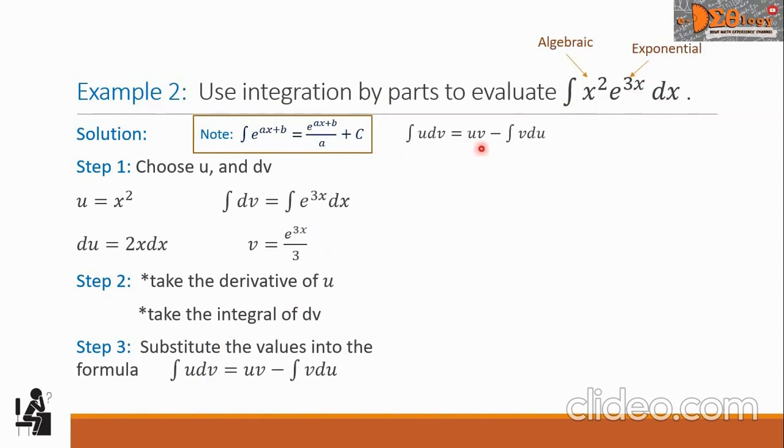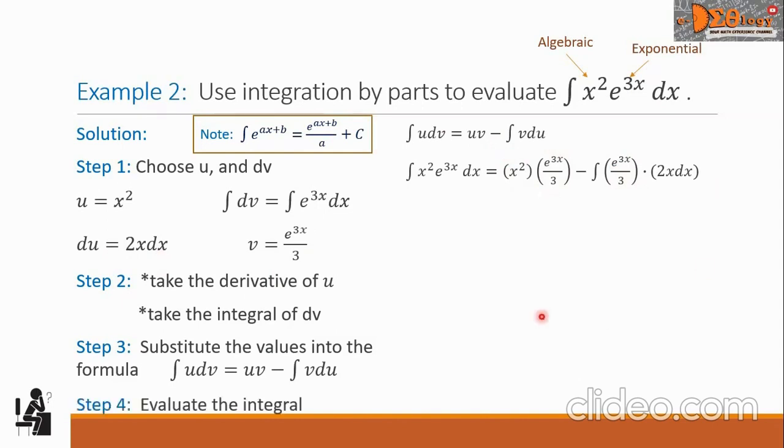The uv is equal to the x squared times the e raised to 3x over 3, then minus the integral of v. Again, we write the e raised to 3x over 3 times the du. This time, our du value is 2x dx, so we copy it here.